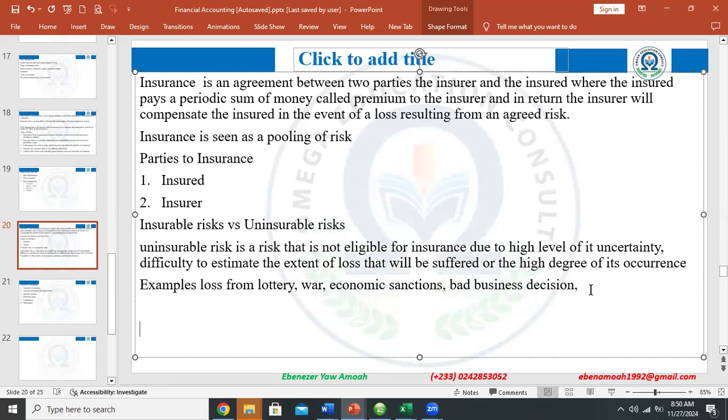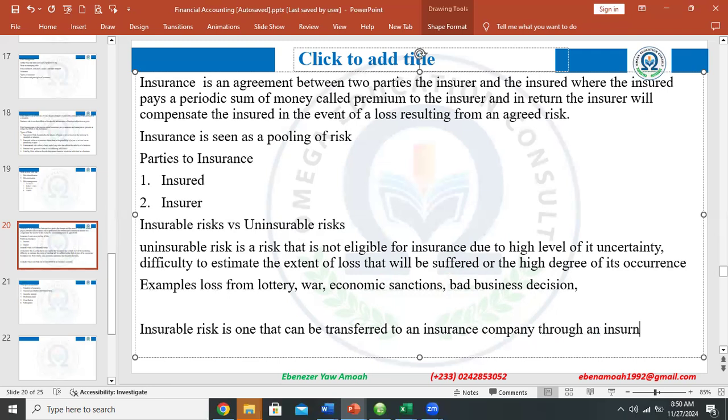So you can say an insurable risk is one that can be transferred to an insurance company through an insurance company.